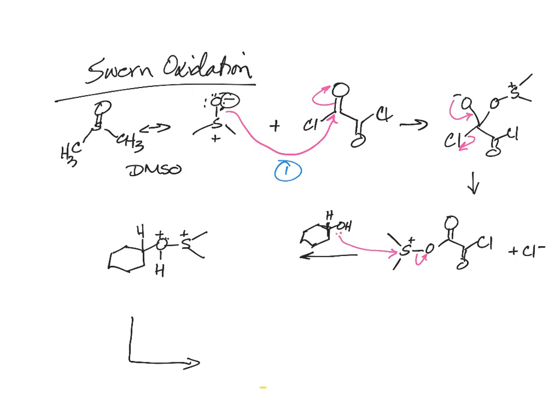so that we don't have two charges next door to each other. So we've done step one here, the DMSO added to the oxalyl chloride. Step two was the collapse of our intermediate where chloride was lost. Step three, the alcohol added to the sulfur. And now this will be step four.